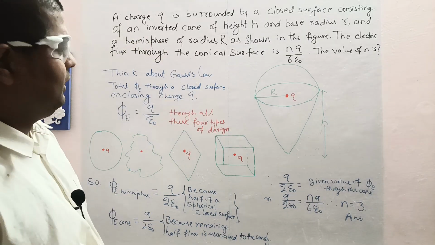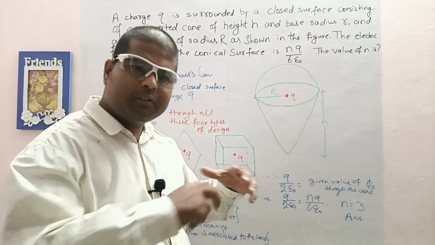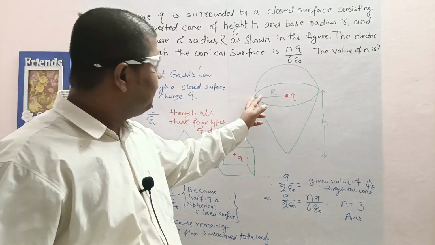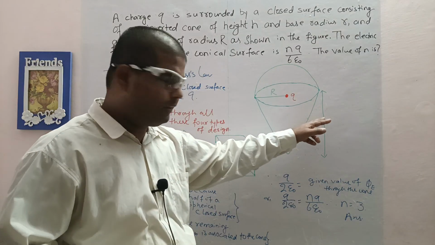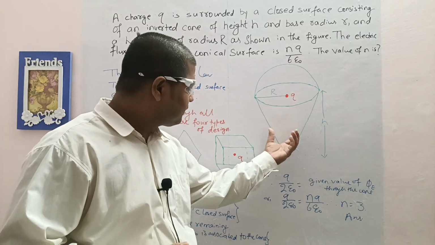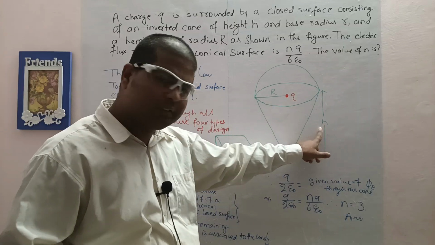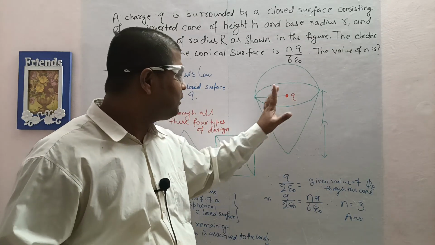What the question is telling: you have a charge given here, and this charge is enclosed by a hemisphere which has radius r, and that hemisphere is covered on the other side with a cone, a right circular cone, which has a height of h and the same radius r.